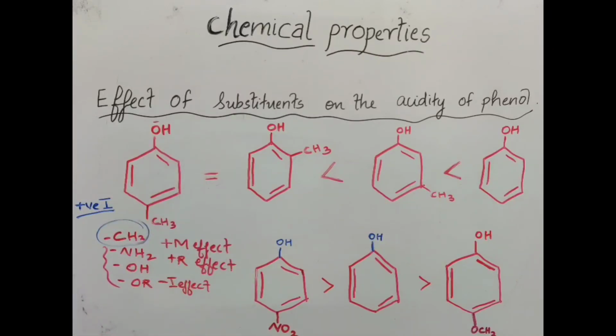Here we can see the acidic strength in respect of para-nitrophenol, phenol and para-methoxyphenol. At the para position, the group attached is OCH3, called methoxy, which is an example of an electron releasing group. So we can say that the order of acidity is like this.